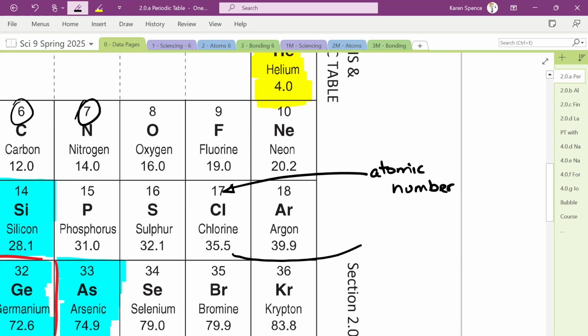And that right there is the average atomic mass. Would it be possible for 35.5 to be the mass number? No, because we cannot have half of a proton or half of a neutron, okay?